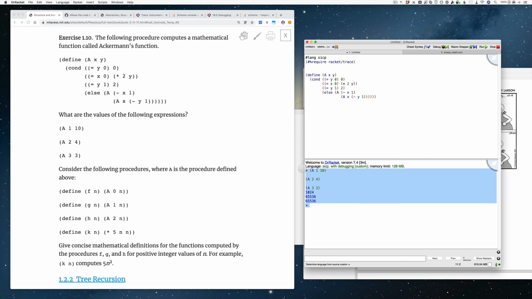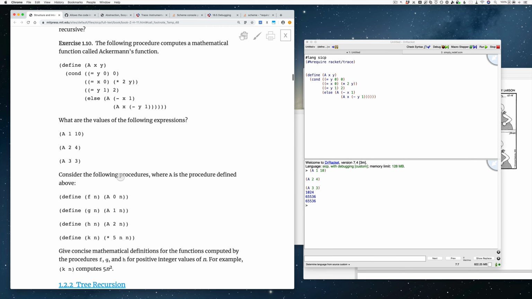So I plopped that in. That was pretty straightforward. Now this is going to be the hard part. Consider the following procedures where A is the procedure defined above.